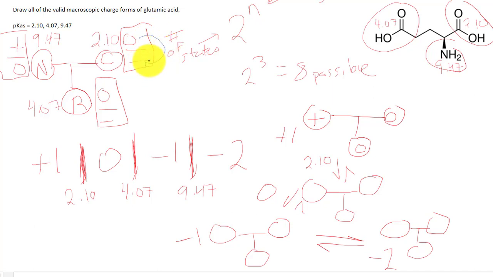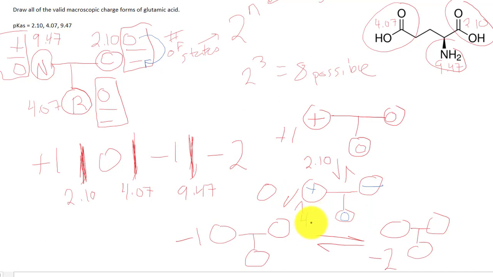It's going to deprotonate at the C-terminus. And so that means that this C-terminus is now going to become negative, while everything else stayed the same. So altogether, you can see that this is actually a 0 charged form. That's our isoelectric form. Plus at the end, negative at the C, neutral at the side chain.